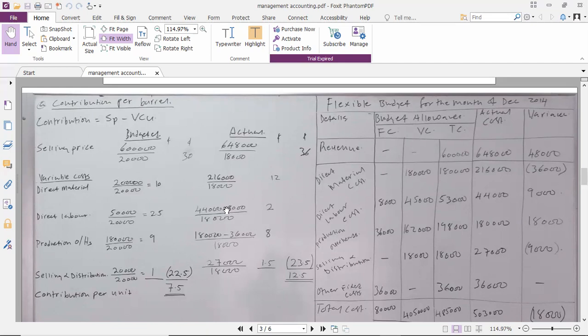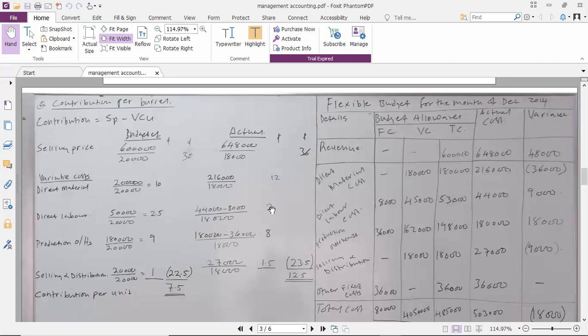Your fixed direct labor cost is 10,000. So 10,000 minus the 2,000 gives you 8,000. And you have a total direct labor cost of 44,000. So you subtract the 8,000 from the 44,000, divided by the 18,000, you get 2. So actual direct labor cost is 2.